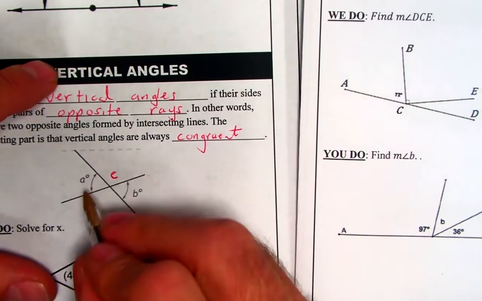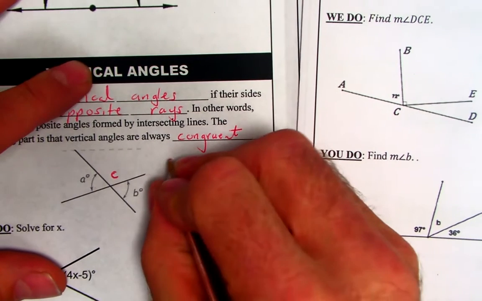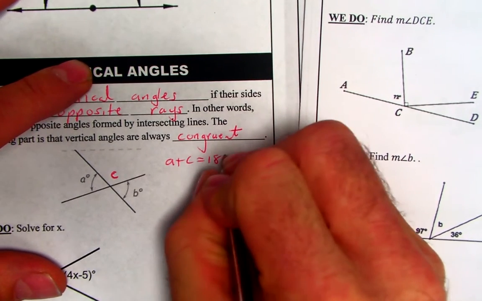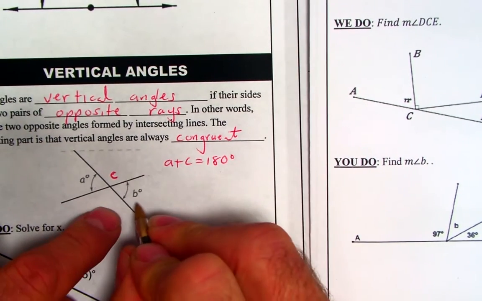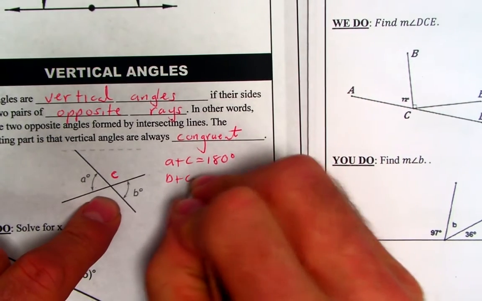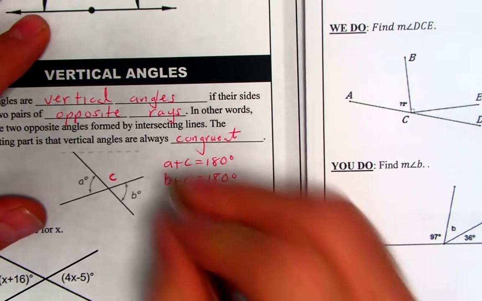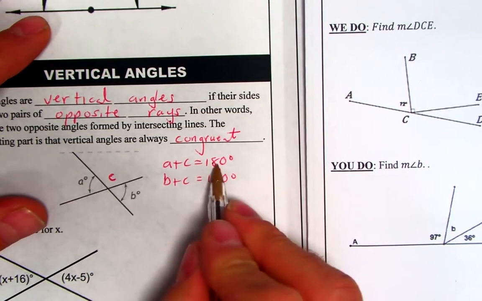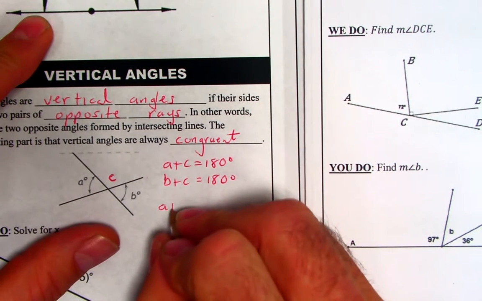We know for a fact A plus C makes 180 degrees. And because it's a straight line, B plus C also makes 180 degrees. Both of these expressions, B plus C and A plus C, are equal to 180. Therefore, they're equal to each other.